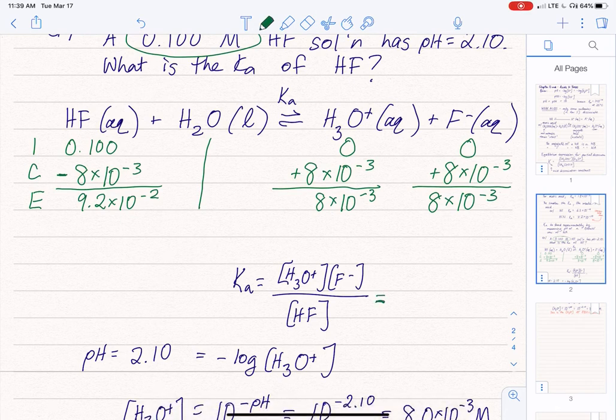So Ka is going to be equal to 8 times 10 to the minus 3 times 8 times 10 to the minus 3 divided by 9.2 times 10 to the minus 2. How lovely.